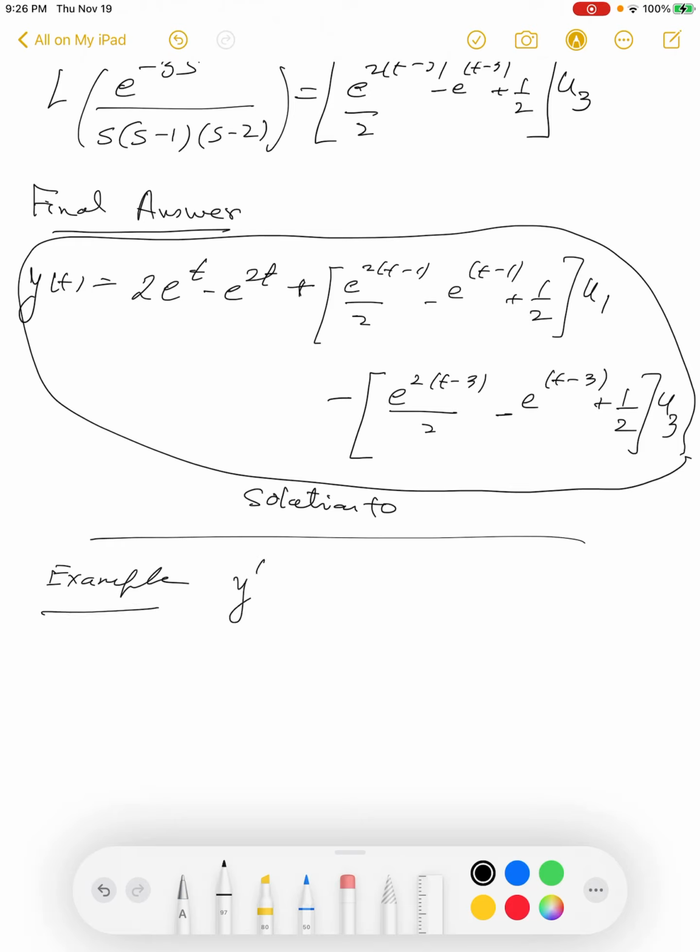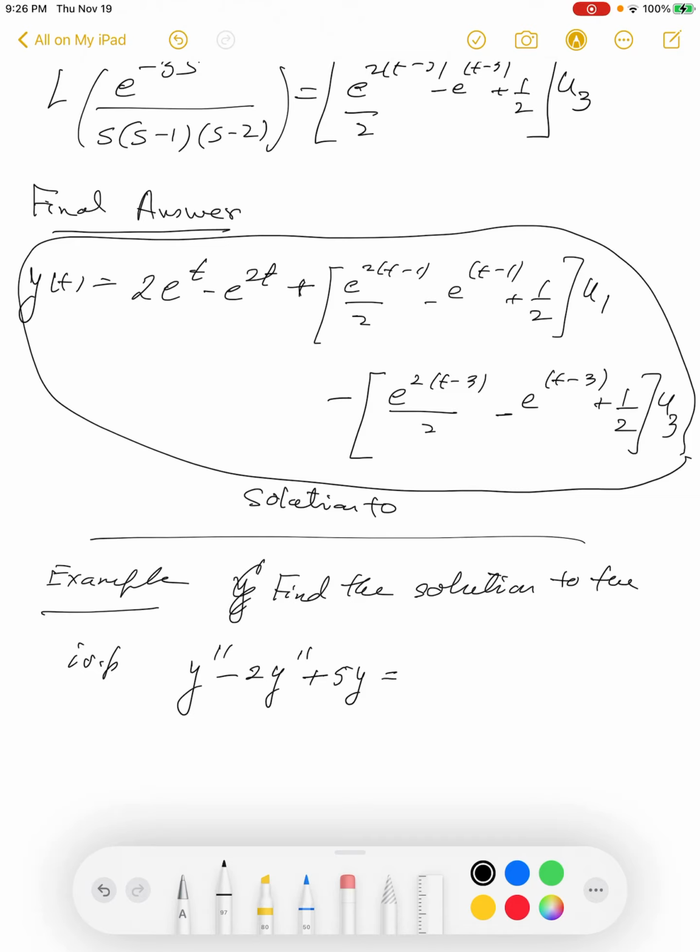So the example is, this you should try to do yourself, find the solution to the IVP. I can make it exactly like what we had, but instead of a factorizable expression, let me make it something like plus 5y.